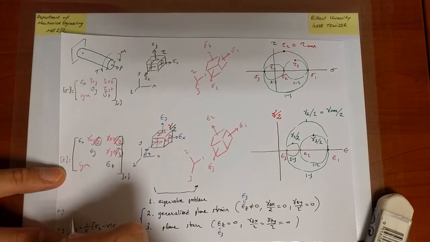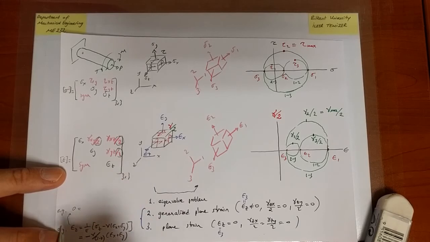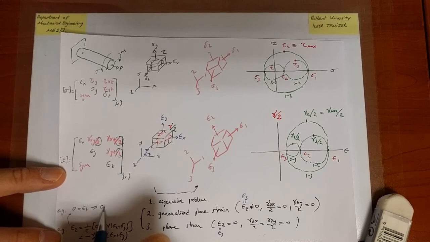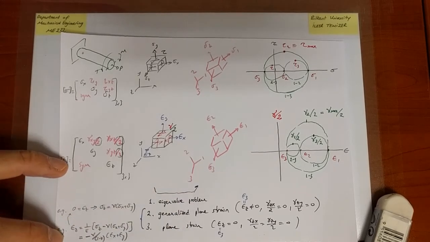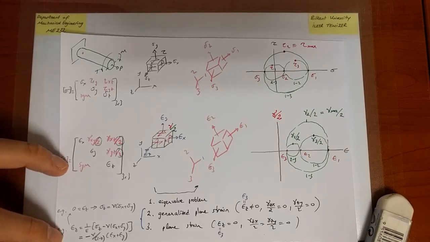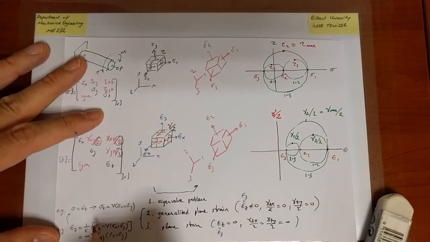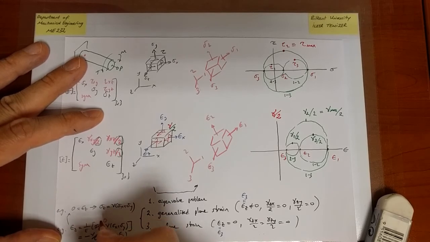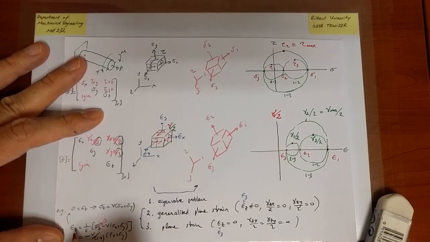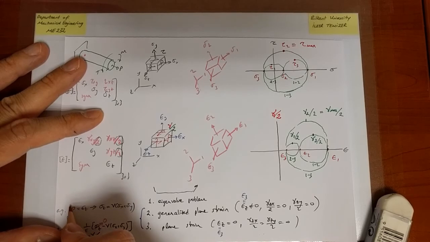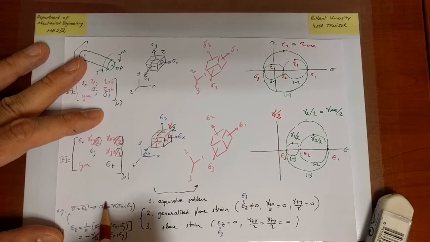If we have a state of plane strain, then epsilon z is equal to 0, and that induces sigma z equals nu times sigma x plus sigma y. So what we have here is a state of plane stress but a state of generalized plane strain. And here we have a state of plane strain, but a generalized plane stress scenario.